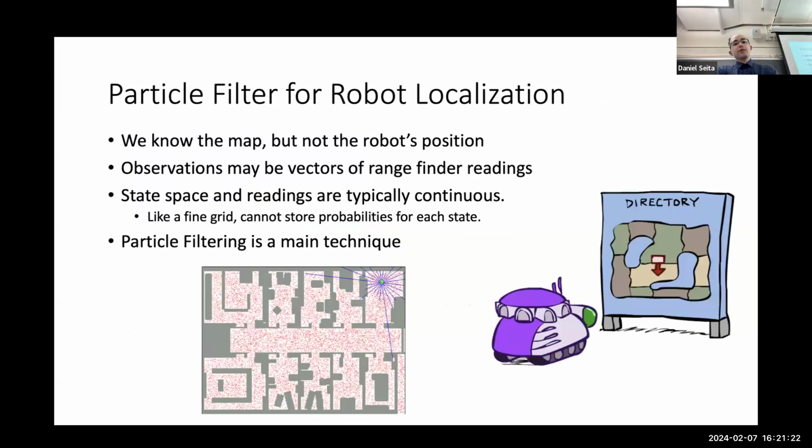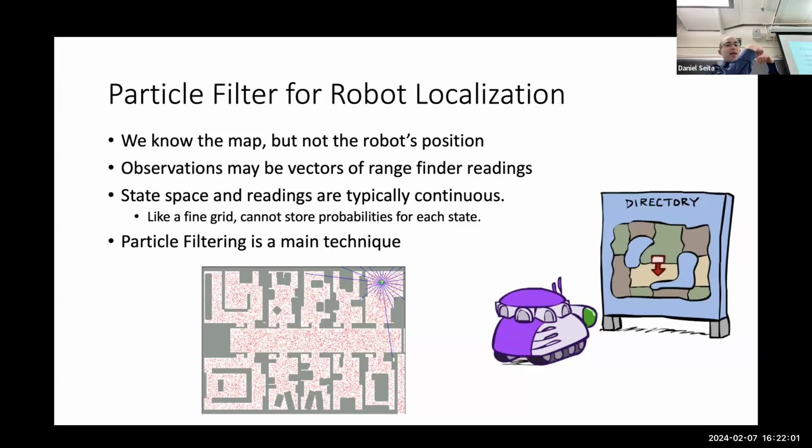All right, so particle filters are often used in robot localization. What that means is we have a robot in some environment. We assume that we know a map of the environment, but not the exact robot location. You might disagree with the problem assumption, but it is a common assumption that we know some map, maybe a floor plan that someone gave you. Then you have the robot, and you want to figure out where the robot is in the floor plan. The sensor it has here is a range finder.